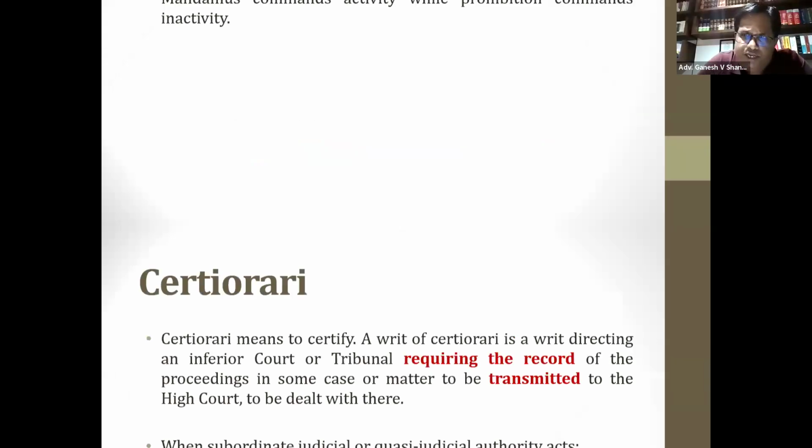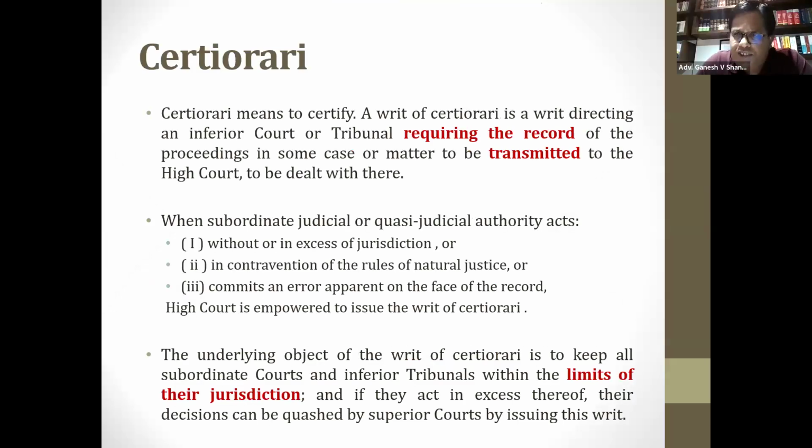Certiorari is also very generally used in GST tax matters, where any order is issued, especially an order in original issued by the adjudicating officer, or maybe the appellate commissioner, who confirms this order. We can request the High Court to issue a certiorari, get that order onto the record of the High Court, and adjudicate it, and quash it if it's a fit case to be quashed after adjudication.